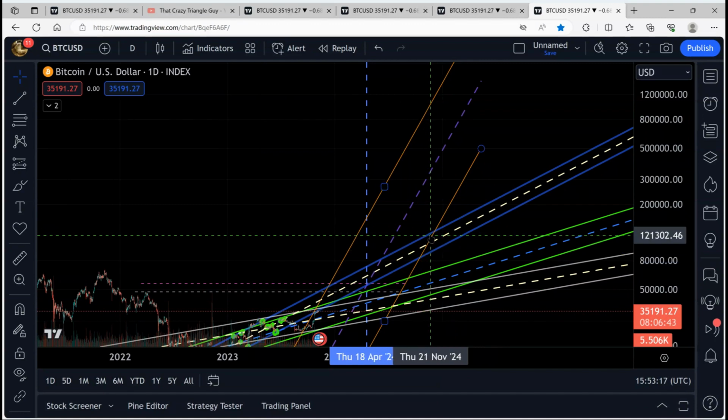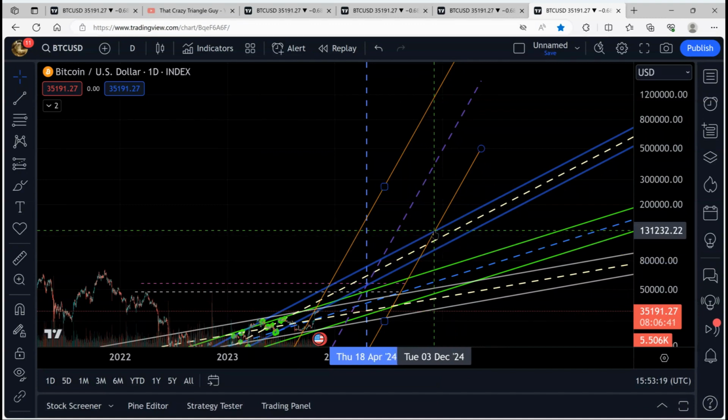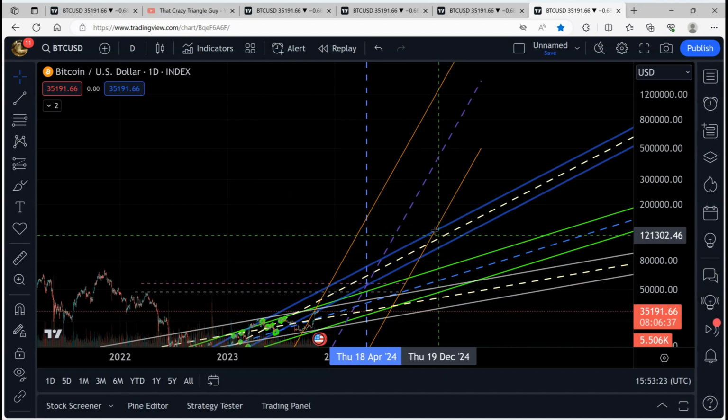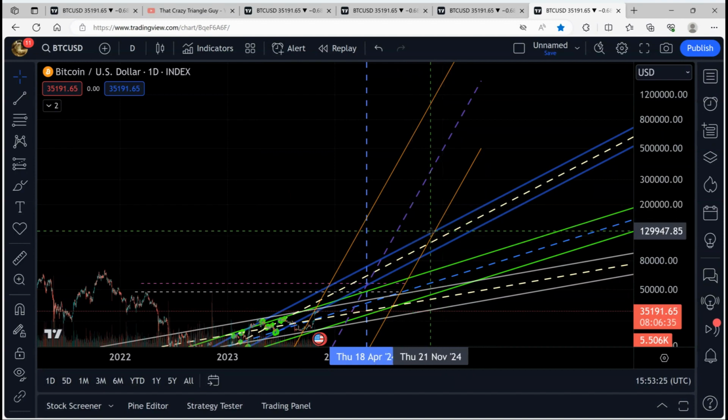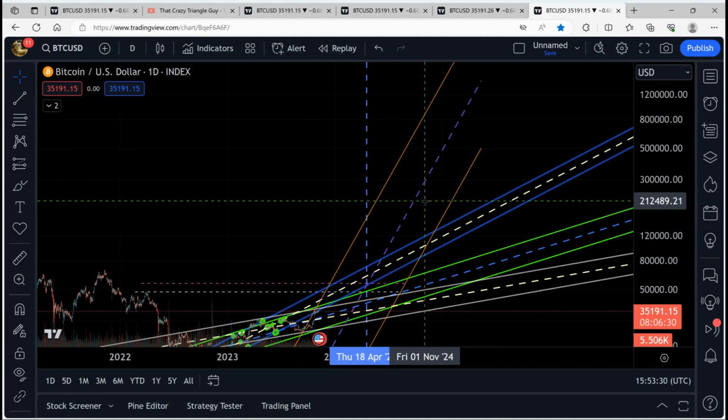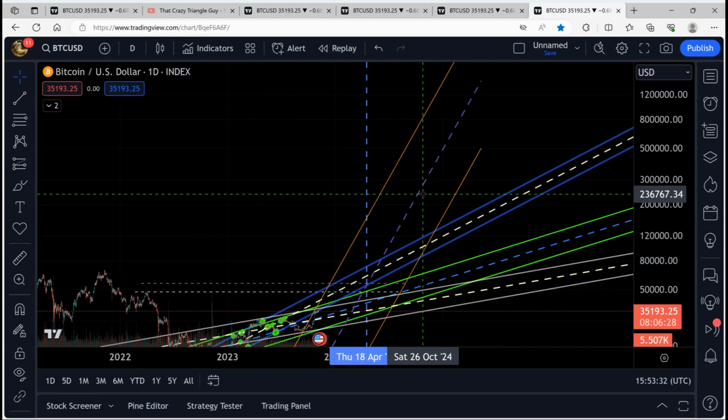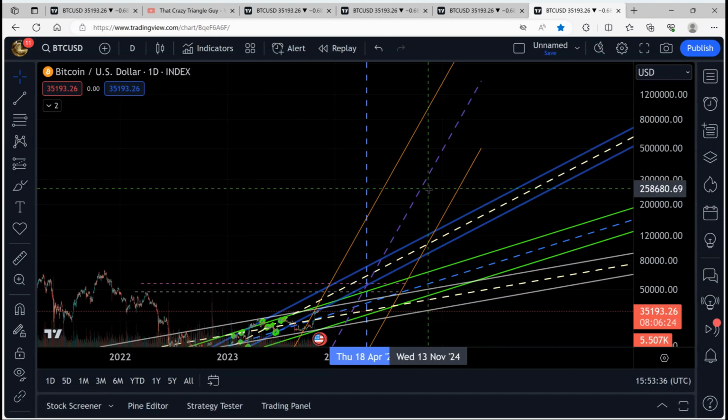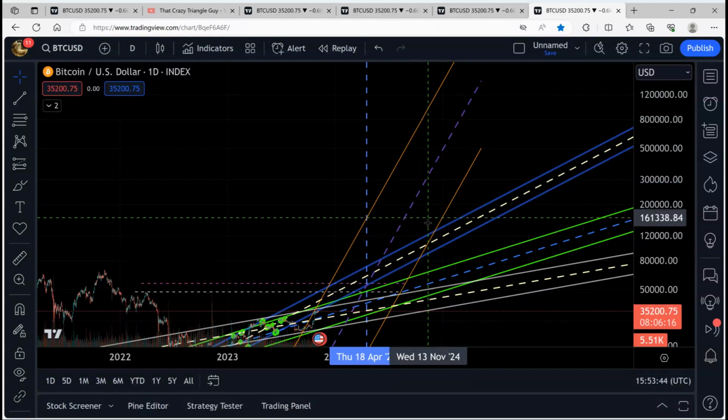I mean, we get a high in November. Could we fall out of this channel? I don't think we're going to fall out of this orange channel. Well, maybe in November we're up here more in this part of the channel. Could be too. Maybe we come up. Who knows?